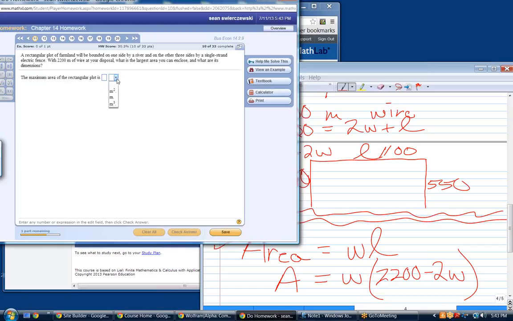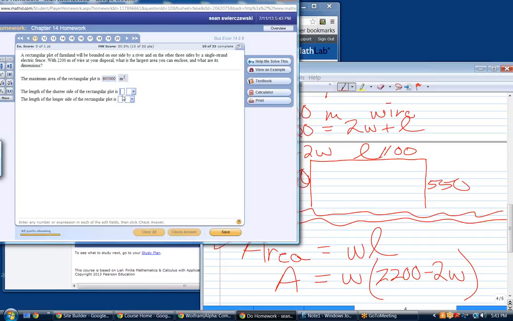Meter squared. I'm sorry, what was that number again? 605,000. It's meters squared.